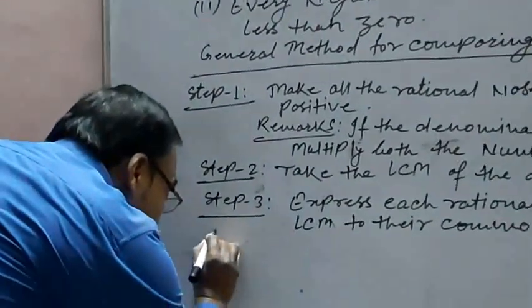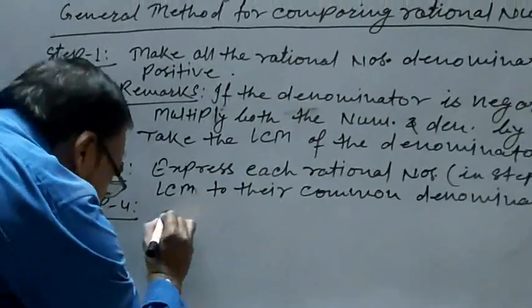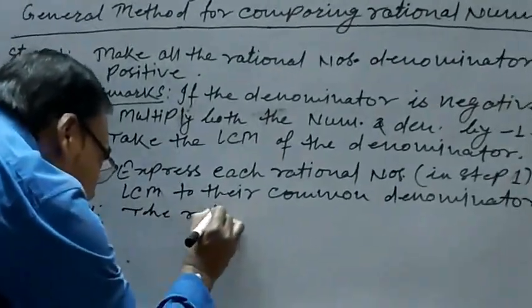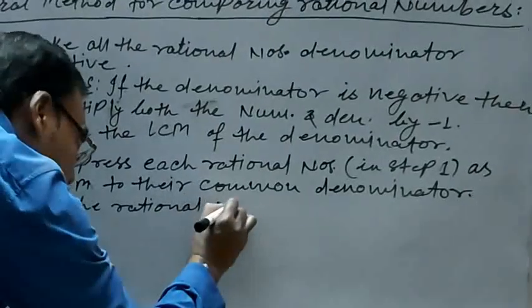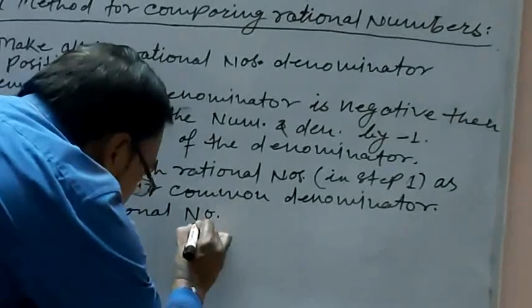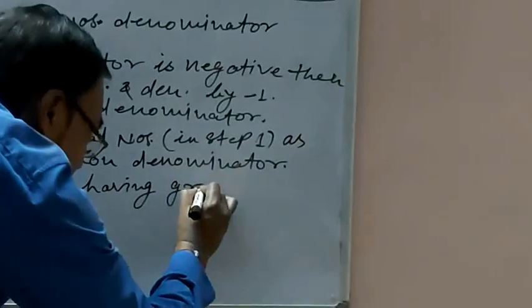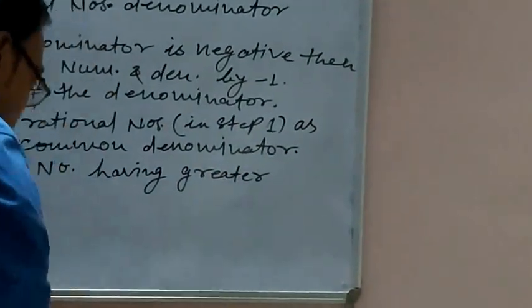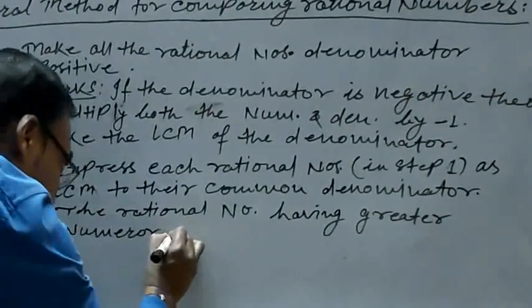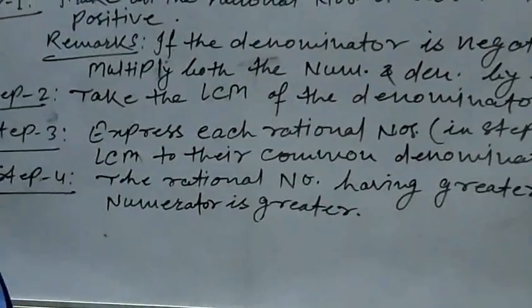And now in step 4, the rational number having greater numerator is greater.